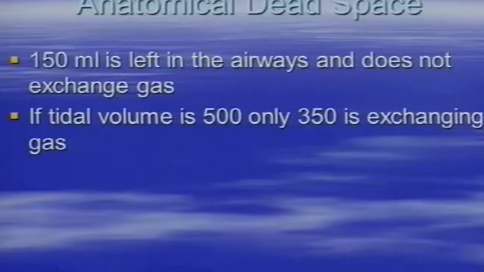Residual volume is what is left in the alveoli after expiration. So anatomical dead space is going to be what is left in the airways that is not exchanging with the alveoli or the bronchioles, the respiratory bronchioles, right? So I inspire 500 milliliters. I'm just giving an approximate.